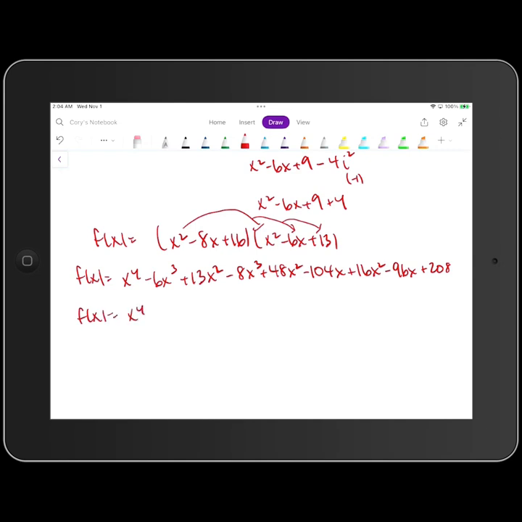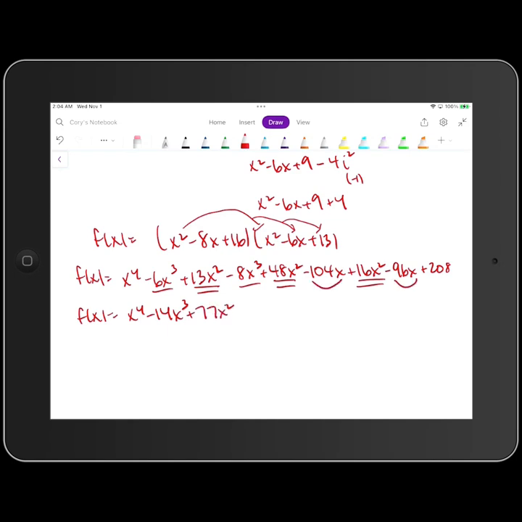Okay, and then the last thing for me to do here is to combine like terms. So we get x to the 4th power. Here are my x cubed terms, so negative 6x cubed minus 8x cubed is minus 14x cubed. Here are my x squared terms, so 13 plus 48 is 61, and 61 and 16 is 77.